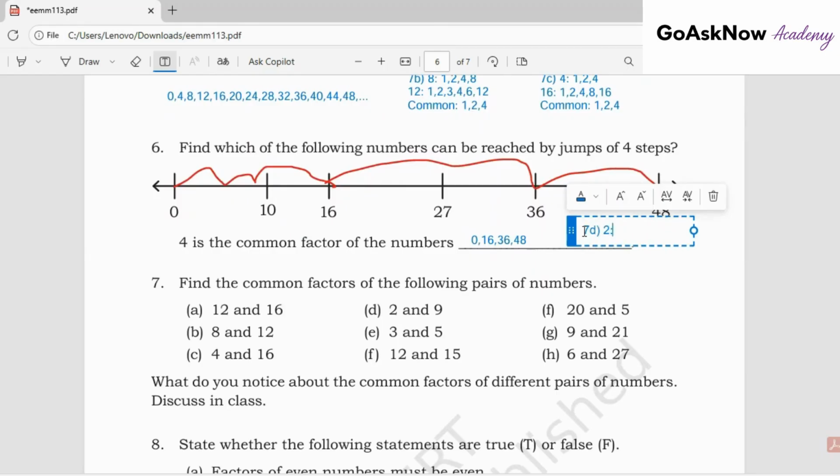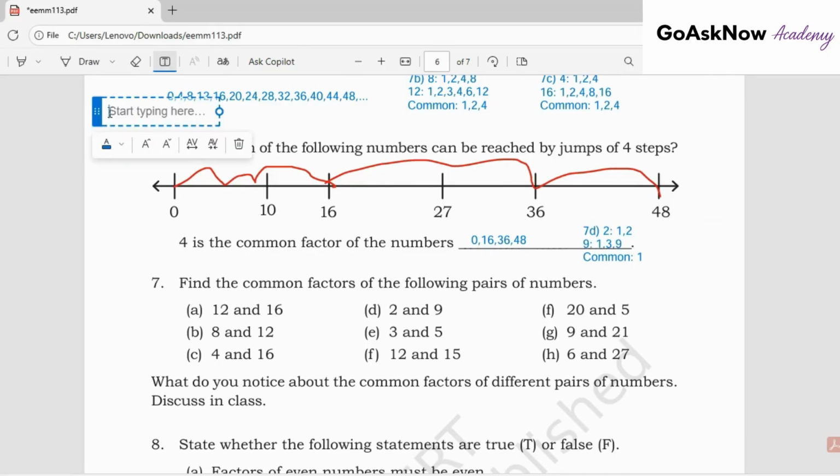Factors of 2 are 1, 2 and 9 is 1, 3, 9. The common factor here is 1. Next, 7E, which is 3 and 5. Factors of 3 are 1, 3 and 5 is 1, 5, and the common factor is 1.